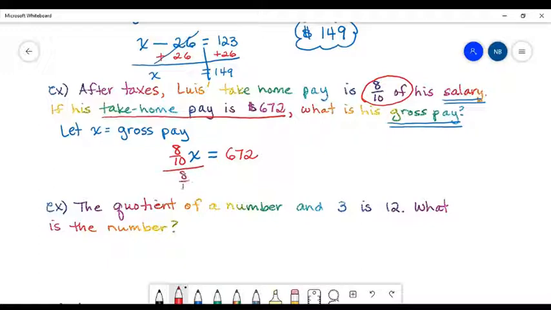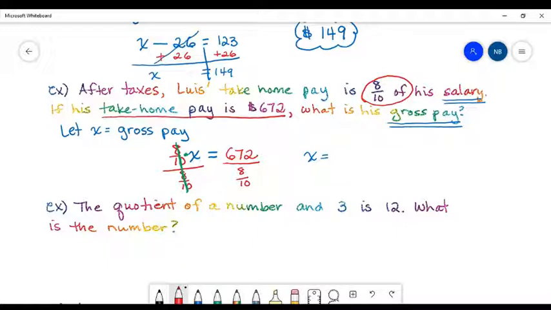Now, why do we divide? 8/10 is being multiplied by X. And 8/10 divided by 8/10 makes a 1. And when you have 1x, that's the same as having x by itself. Now, of course, that one rule of solving says if I divide the left side by 8/10, I also have to divide the right side by 8/10.